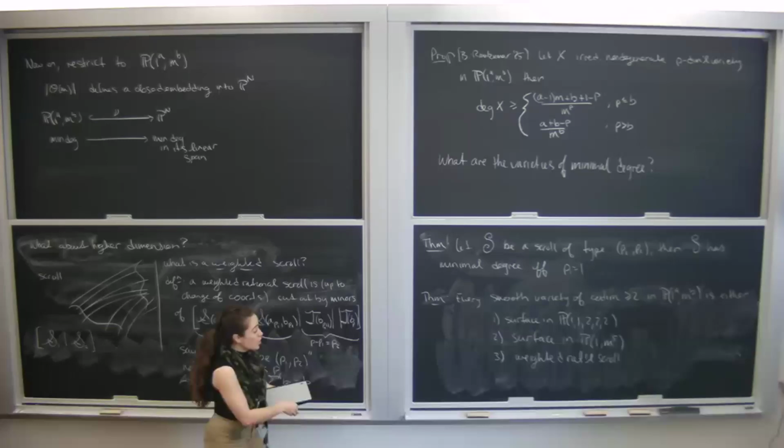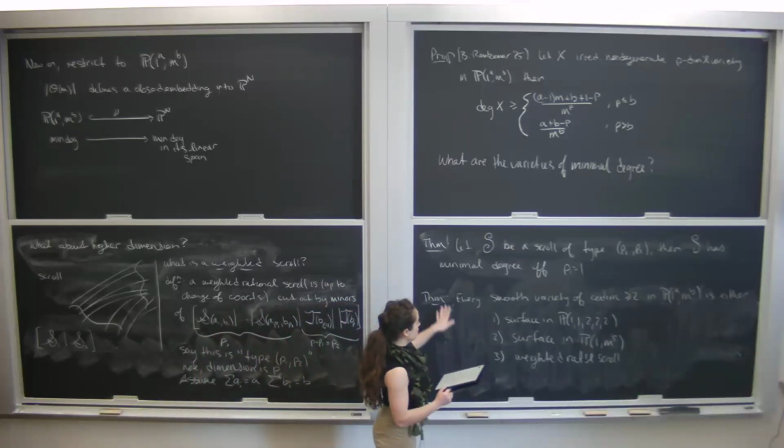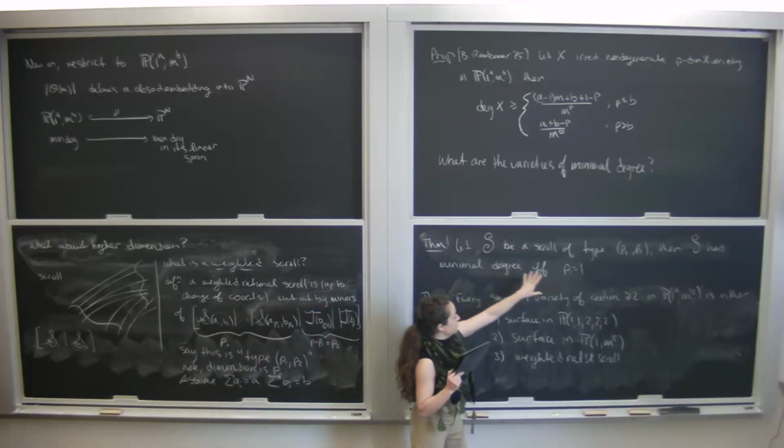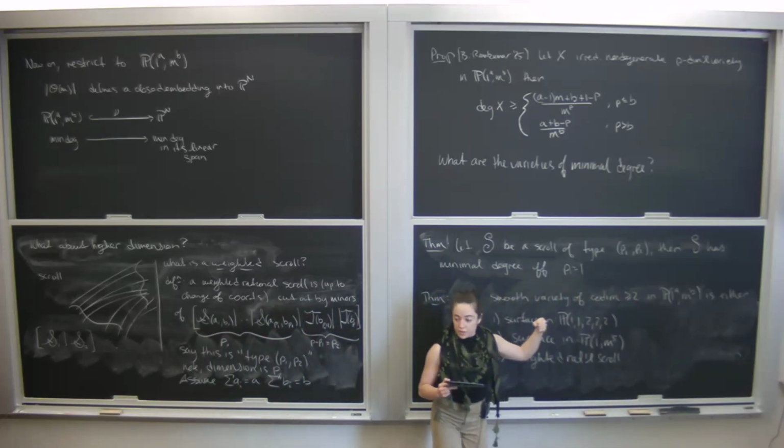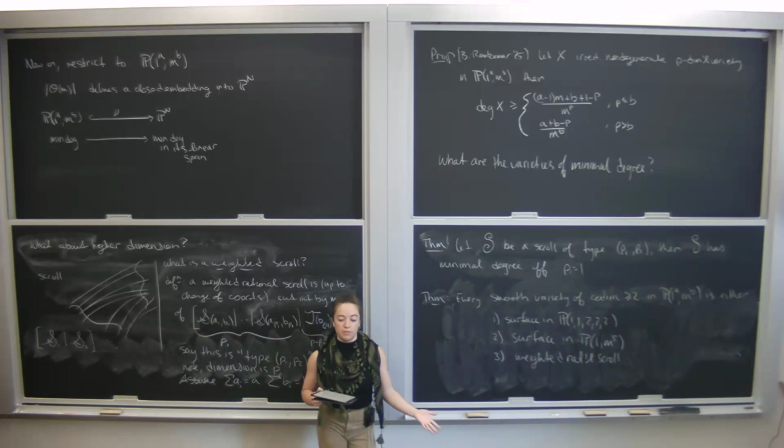And what this also says is that there are some weighted projective spaces, some of these P(1^A, M^B), where if you look for a certain dimension, there are just no smooth varieties of minimal degree in that dimension.